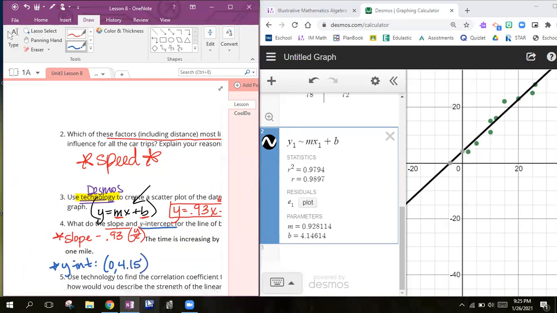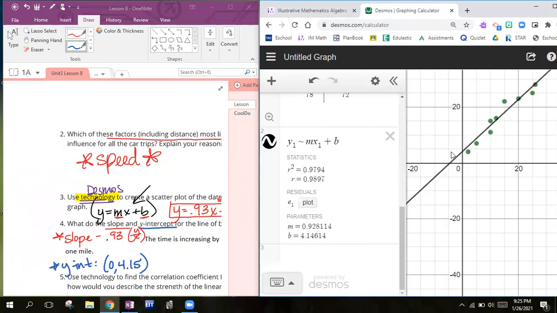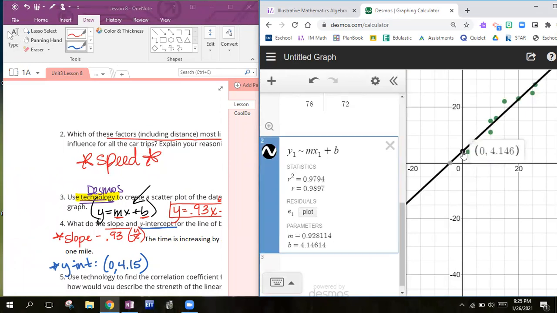The reason I wrote it like this is because the y-intercept is literally the point that is crossing through my y-axis right here. So right there it is. I just rounded mine. So it's a coordinate that we're talking about. So this is my x value and this is my y value. So you literally just have to describe what that x and y value is in the situation.